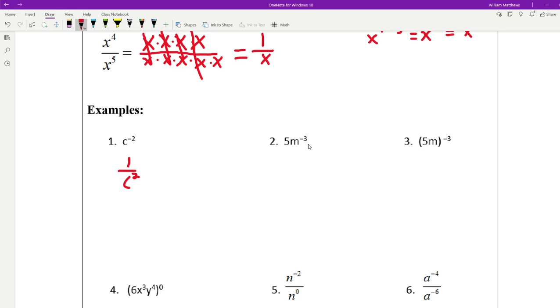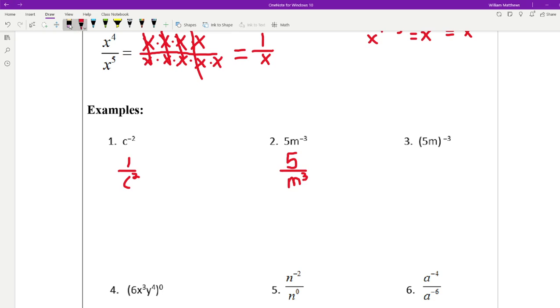This one works with the rule that the exponent only affects m, so 5 would still stay at the top of my fraction, whereas m changes to its multiplicative inverse, and the exponent becomes positive.